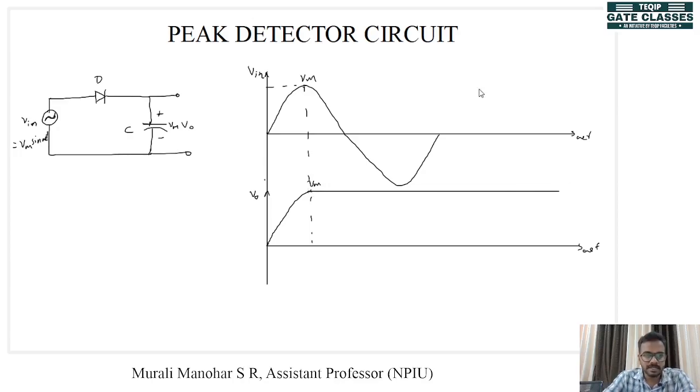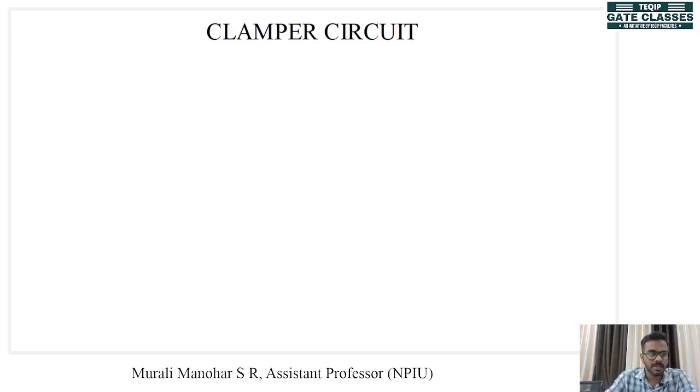So there is another circuit that uses this concept to generate particular waveforms, and that circuit is called a clamper circuit or a DC restorer circuit. What a clamper circuit does is that it will add a DC voltage level to our existing signal, or it will clamp a DC level with our existing signal.